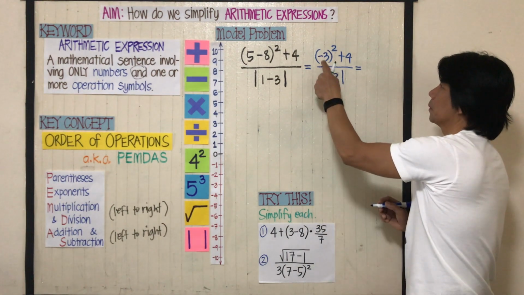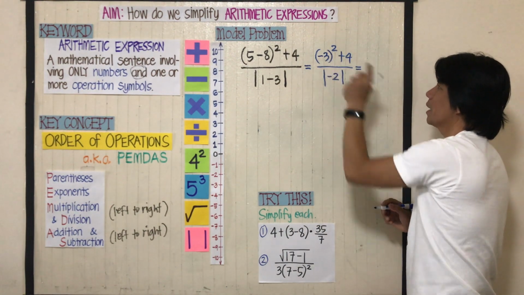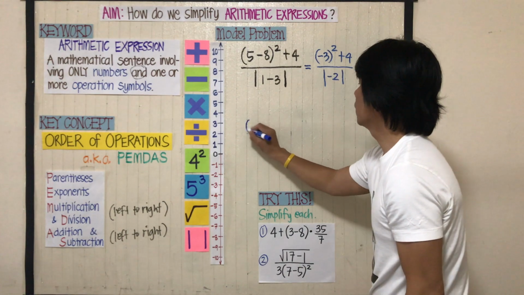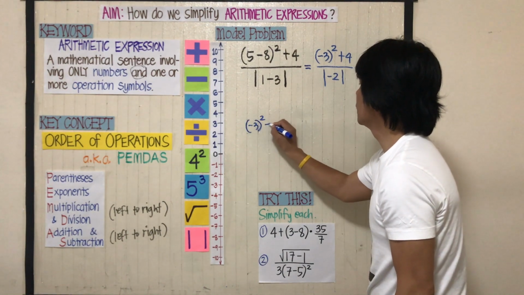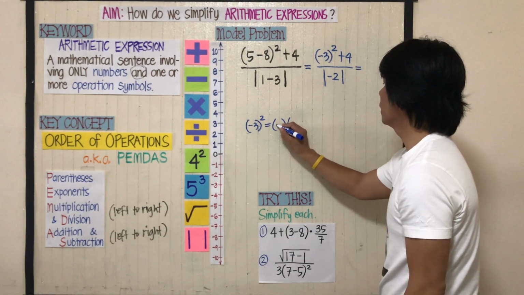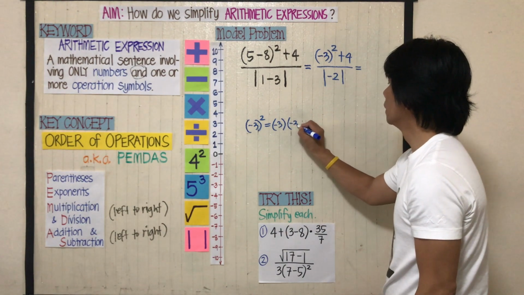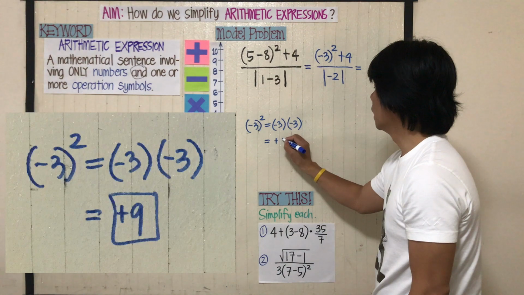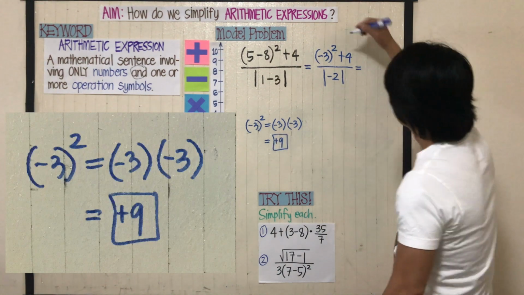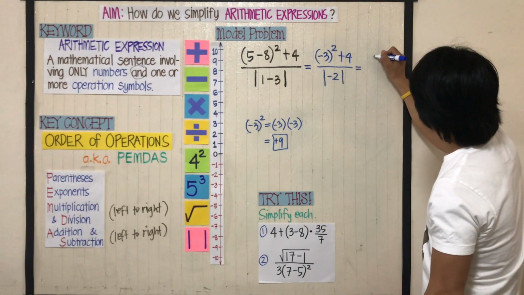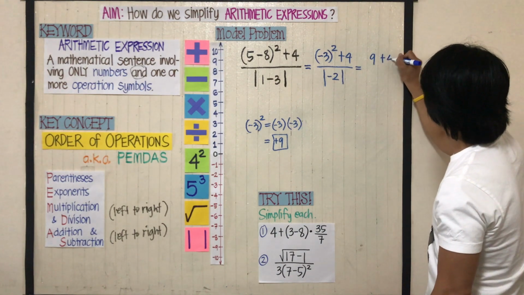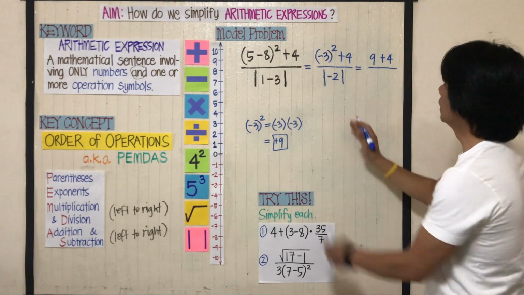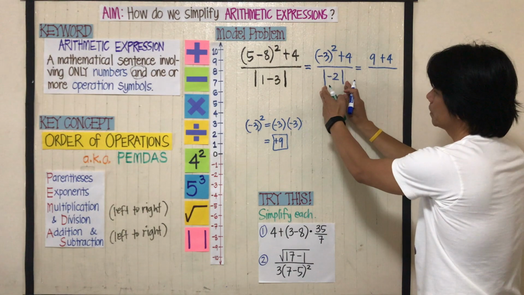Now, the square of negative 3 means you're multiplying negative 3 by itself 2 times, which is positive 9. So that is positive 9 plus 4 divided by the absolute value of negative 2.